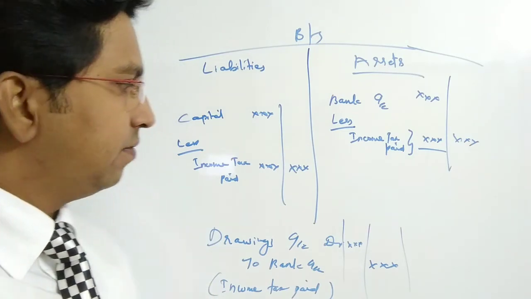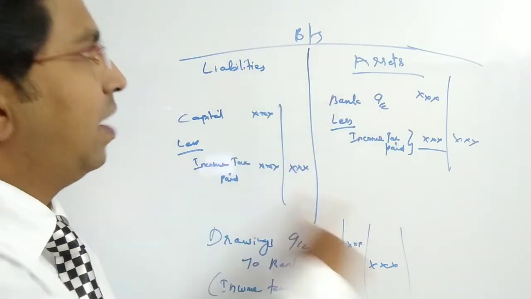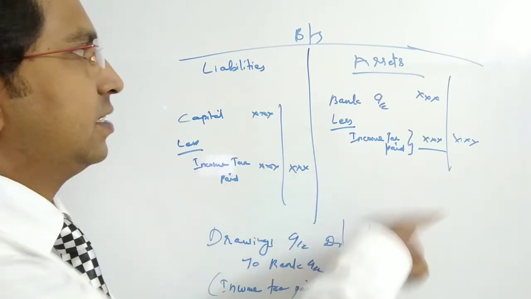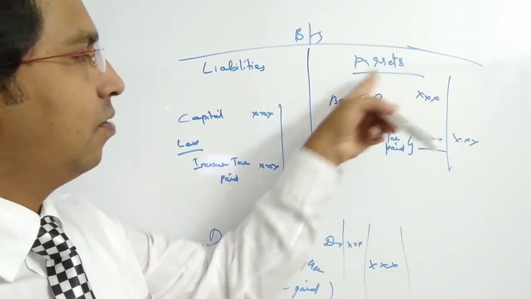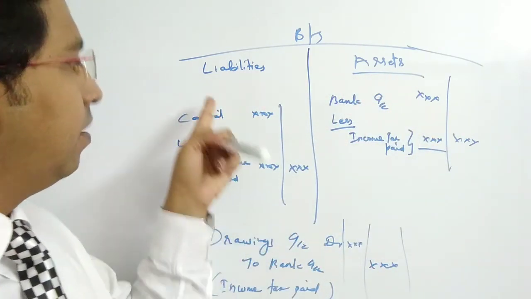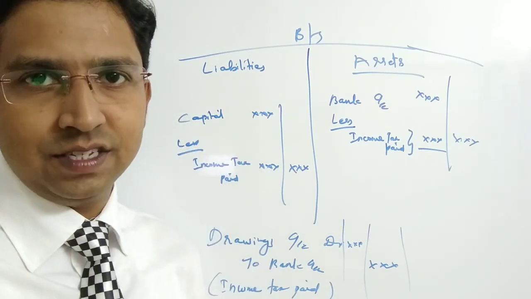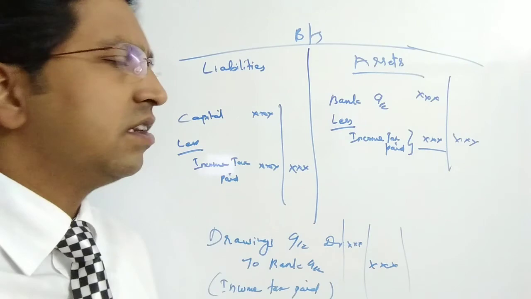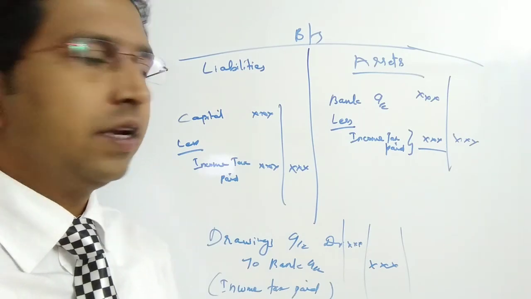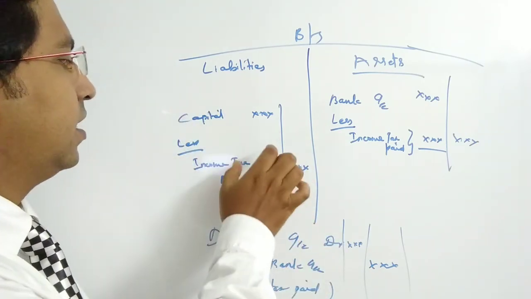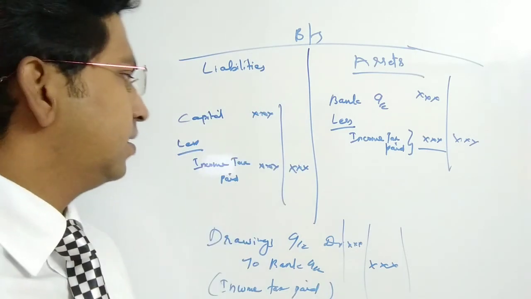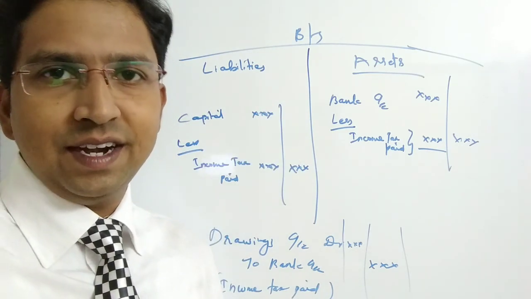We have to show it only on the balance sheet, on both sides: by subtracting from the bank account on the asset side, and in the same way by subtracting it from the capital account after subtracting the drawings, because this is also considered one of the drawings, but in order to show it separately after subtracting the drawings, the income tax value is subtracted from the capital.